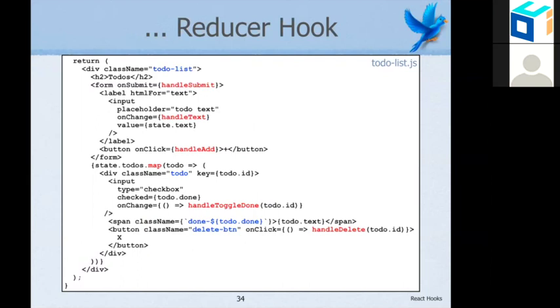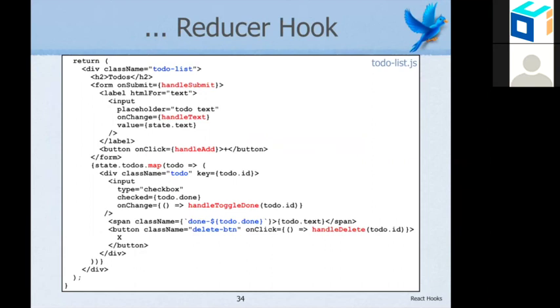Then we get to where I'm returning all of the JSX for this component. And you see that I have an input where you can enter the text for a brand new to-do. Its value starts out at state.text. And then if you make a change to it, it's going to call handleText. handleText dispatches an action, which ends up updating that piece of data inside my state. We've got the handleAdd when you click the add button.